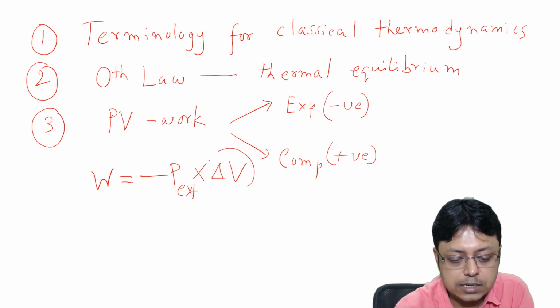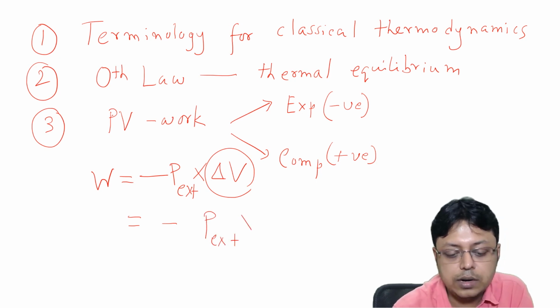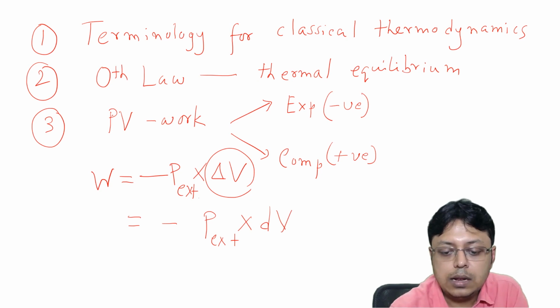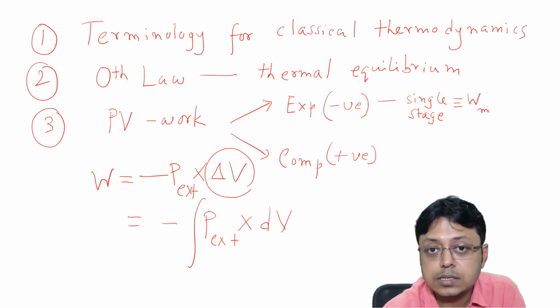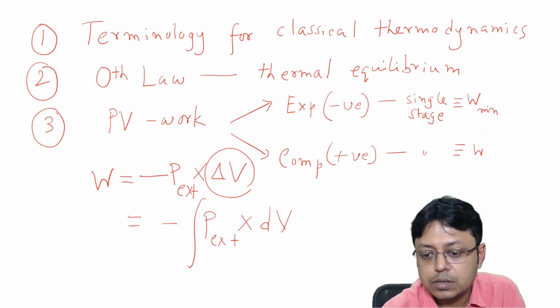If this volume change is very small, then we write it in the differential notation and integrate over the entire process. And we also discussed what is a single stage expansion. We got that this corresponds to minimum work from the system. Similarly, we talked about single stage compression, and we showed that we have to spend maximum work by the surrounding on the system.